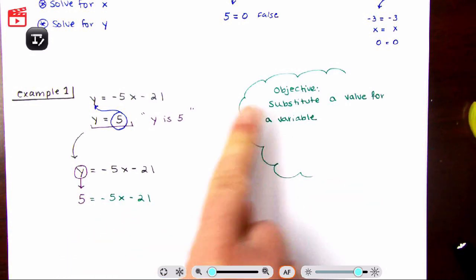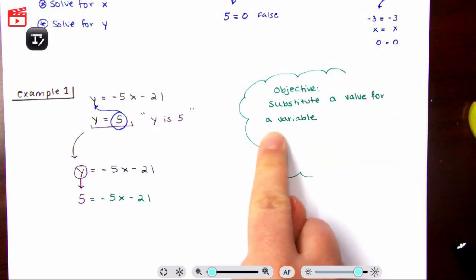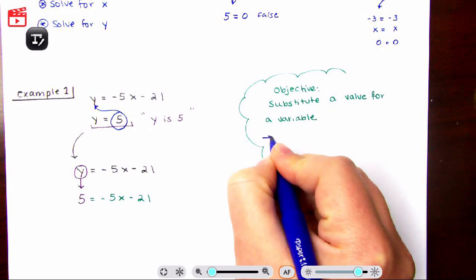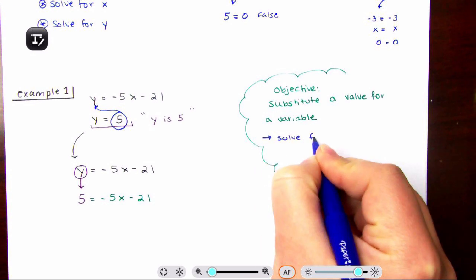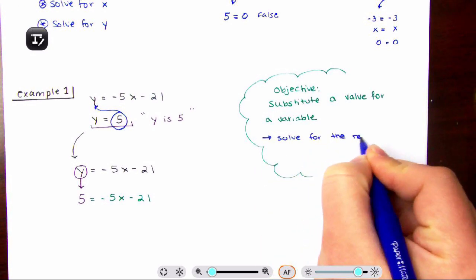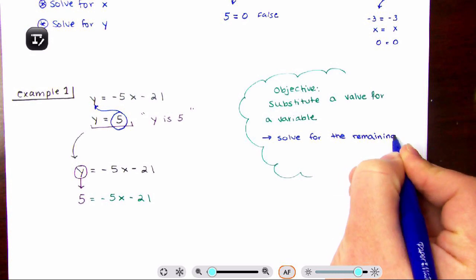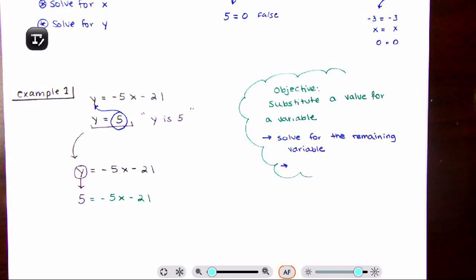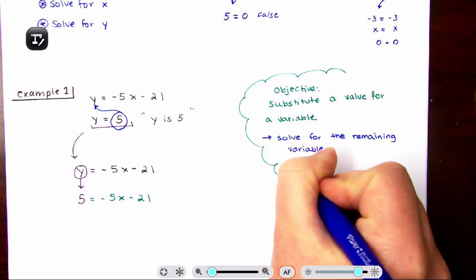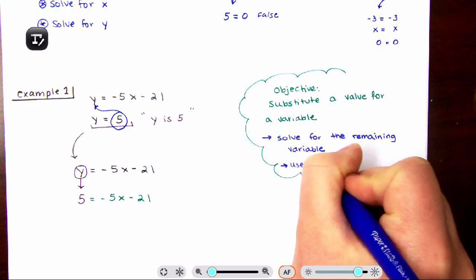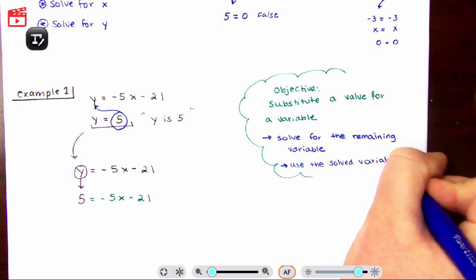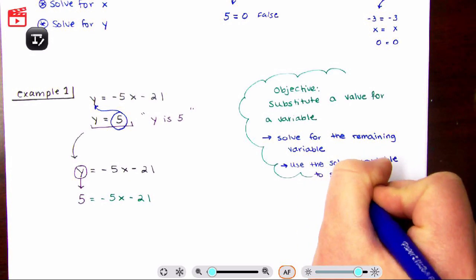Now that you have substituted a value in for a variable, so your variable was y, your value was 5, the next thing you're going to do is solve for the remaining variable. After you solve for the remaining variable, you're going to use that solved variable to solve for your other variable.